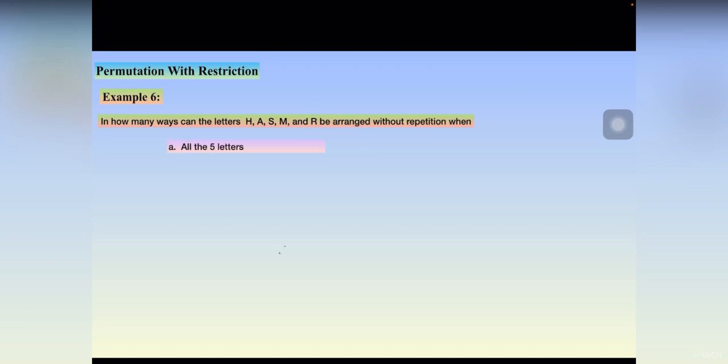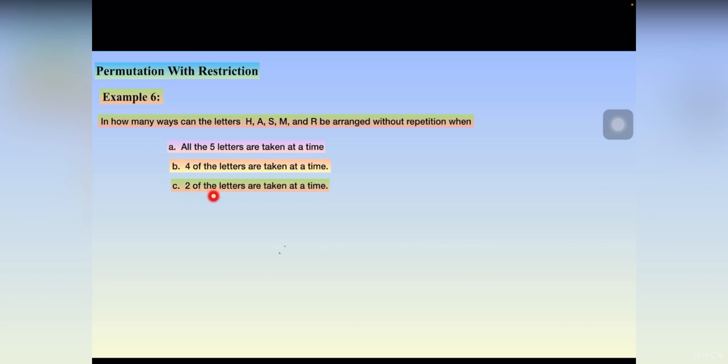Permutation with restriction. Example 6. In how many ways can the letters H, A, S, M, and R be arranged without repetition when A, all the 5 letters are taken at a time? B, 4 of the letters are taken at a time.